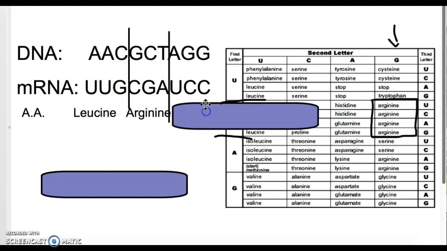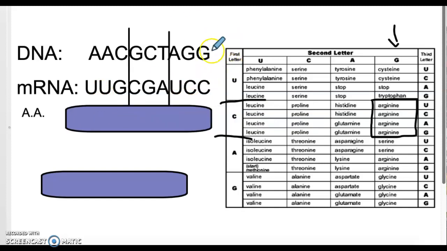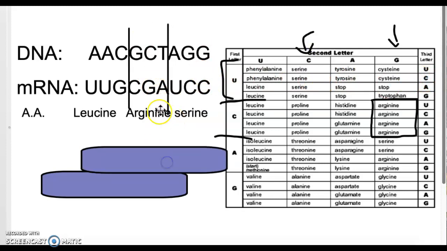All right, the next one is UCC. So we're back up into this box again, U, and then C, and then C. So that would be serine.